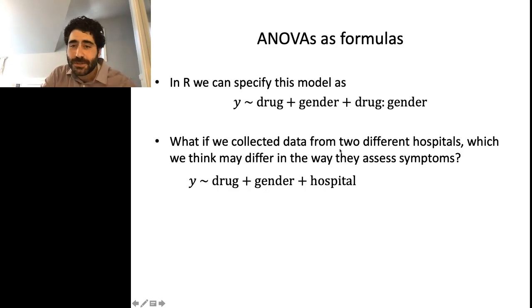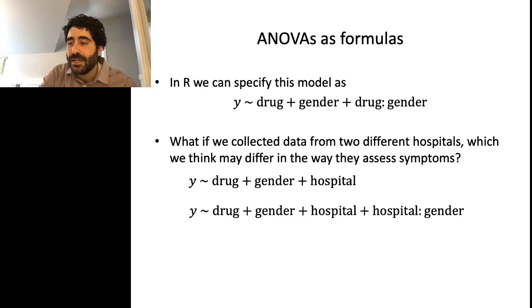And you could also write down more complicated things, right? Maybe we think that male patients have a particularly bad outcome at some hospital or something, right? And so we could also write models like this, which is that people's outcome, in addition to drug and gender and hospital main effects, there's also some hospital by gender interaction, right? There's some specific combination of being at this hospital and being this gender, which is going to have some impact on your outcomes.